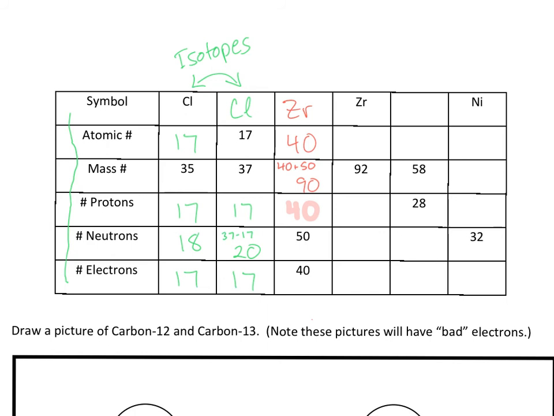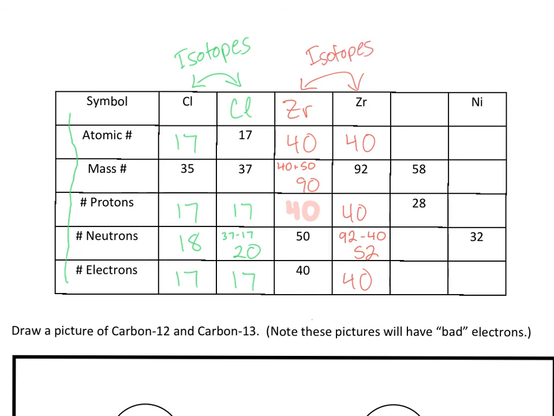Zirconium is my element that I have here, and it has 40 as its atomic number because we were just looking at it. That means it has 40 protons, 40 electrons, and it's going to have mass number 92 minus protons, 40, or 52 total neutrons. Okay, and again, these ones are isotopes. I wonder if there's a trend here.